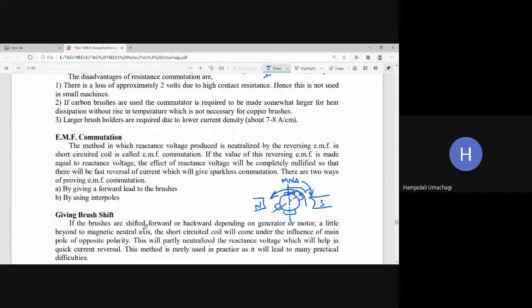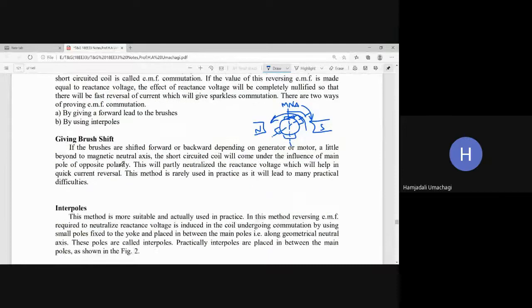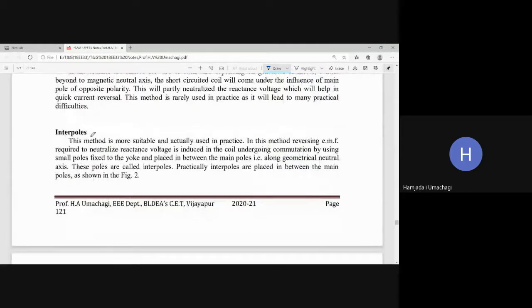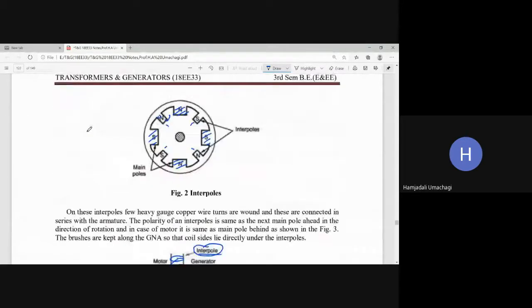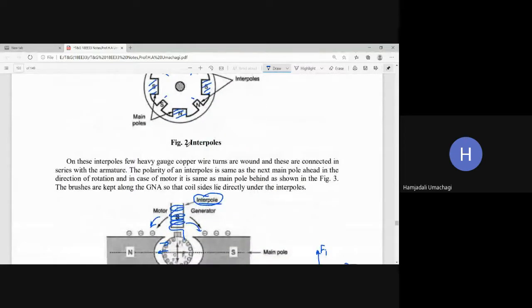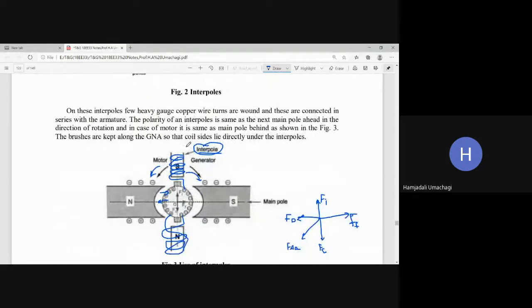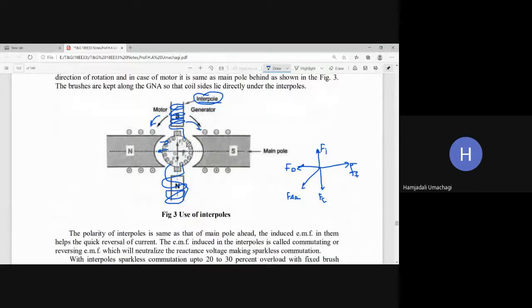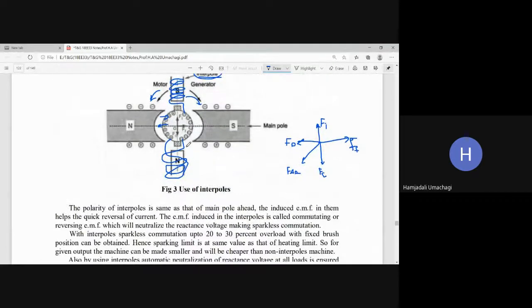Then coming to the other method, that is EMF commutation, there are two methods: brush shift, which needs only this much information, and then the use of interpoles. The interpoles not only improve the commutation, they also decrease the armature reaction.